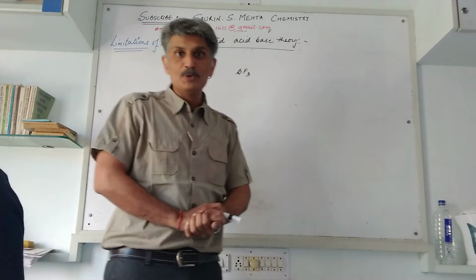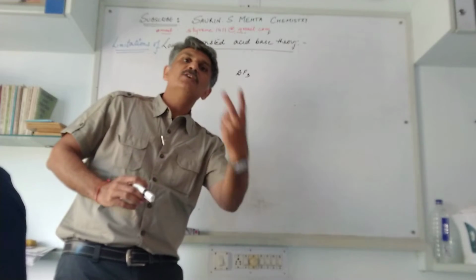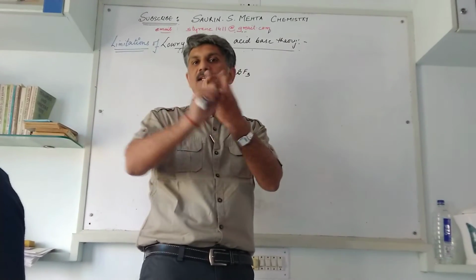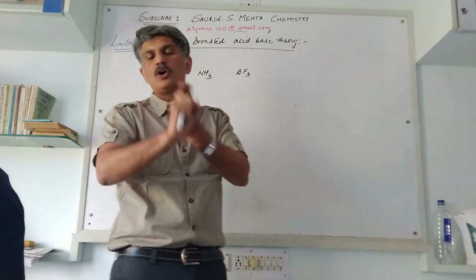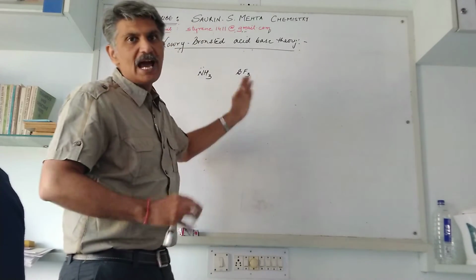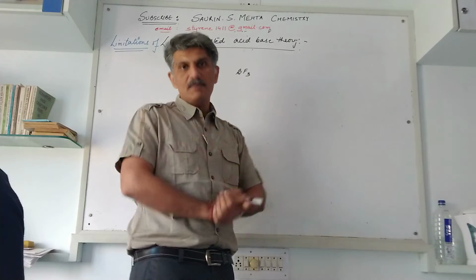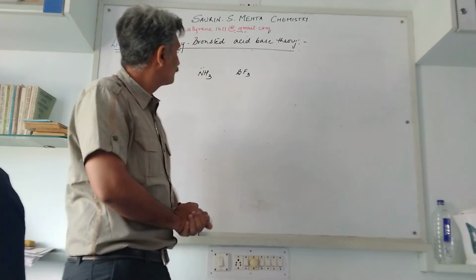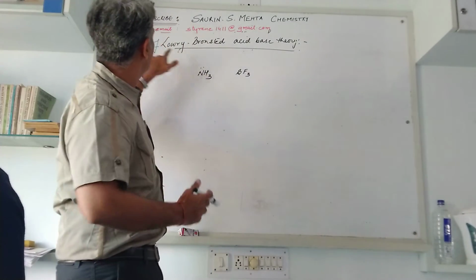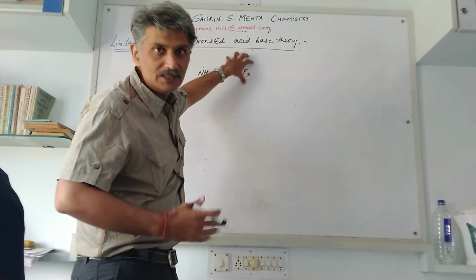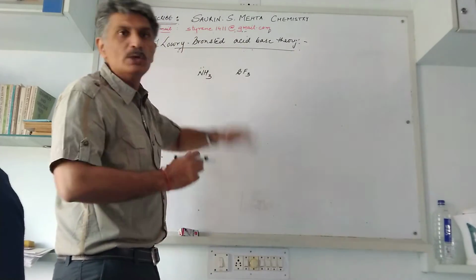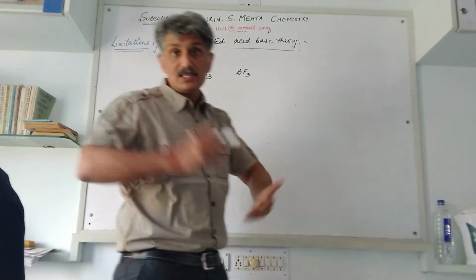So you are confused as far as the knowledge of two theories is concerned, Arrhenius and Lowry-Bronsted, and according to these two theories, you cannot determine BF3 as either an acid or a base. So now what? That is the limitation of Lowry-Bronsted theory. Now see, actually speaking, BF3 is an acid.